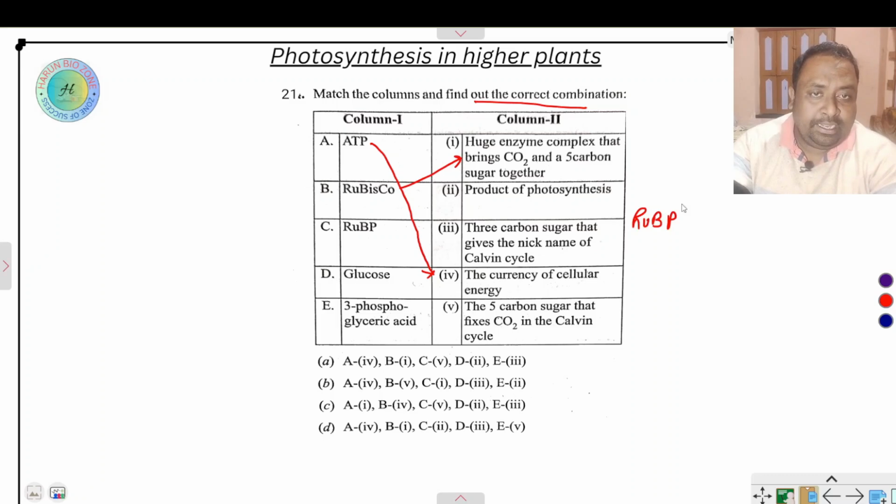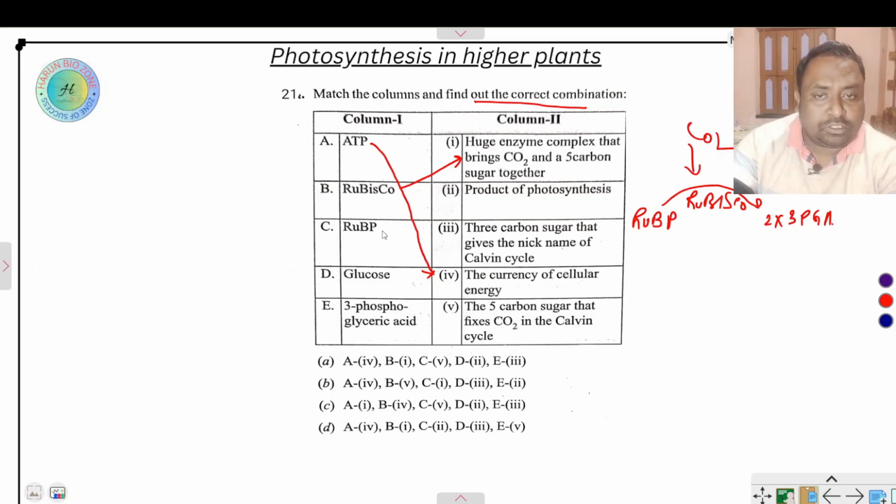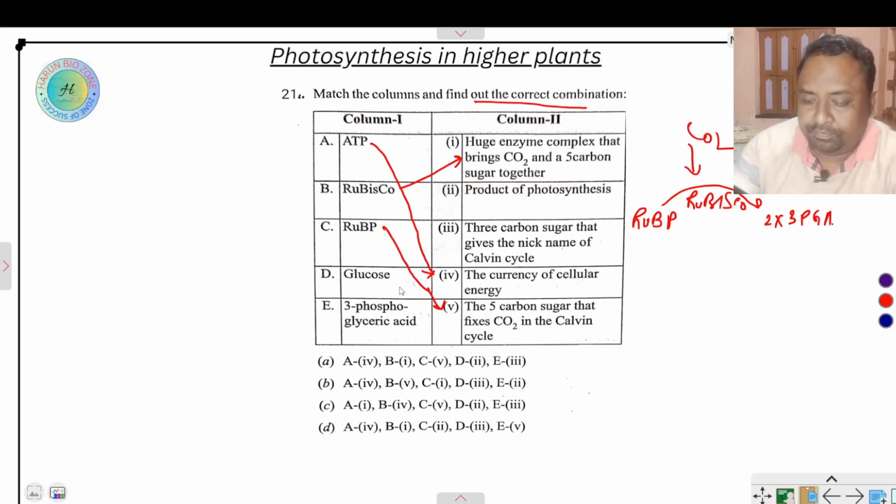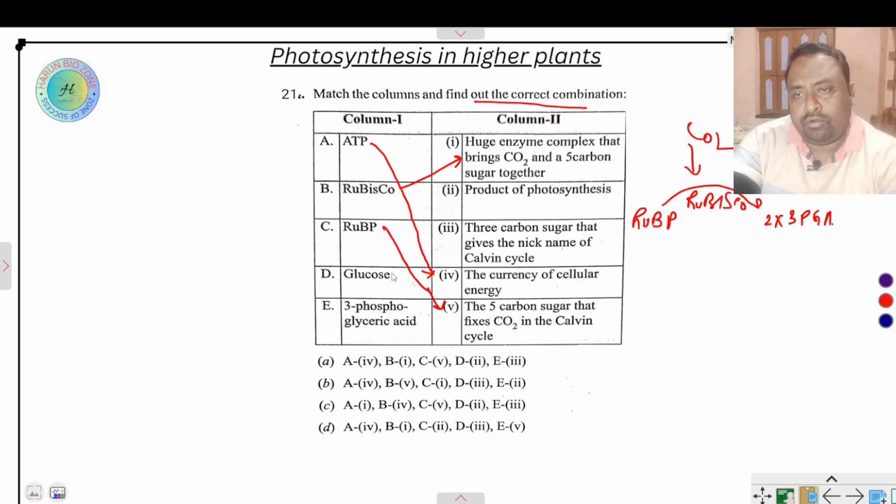Rubisco absorbs CO2 and produces 2 molecules of 3-phosphoglyceric acid. Okay, and ribulose bisphosphate is the 5 carbon sugar that fixes CO2 in the Calvin cycle. The glucose is a product of photosynthesis, and 3-phosphoglyceric acid is the 3 carbon sugar. So here A is the correct option.